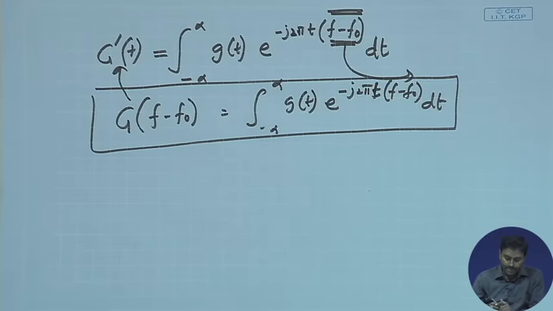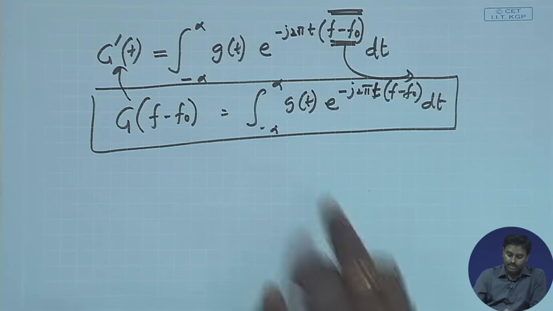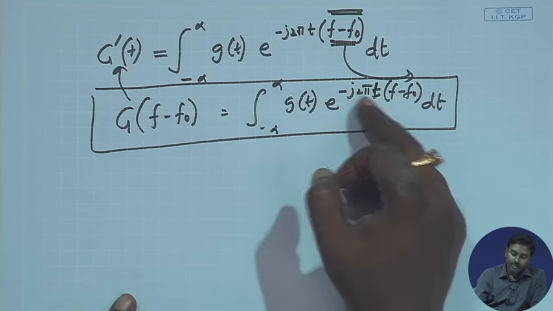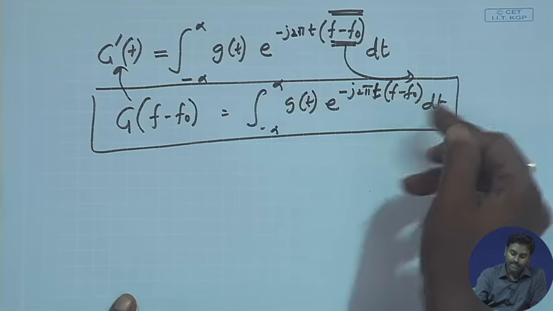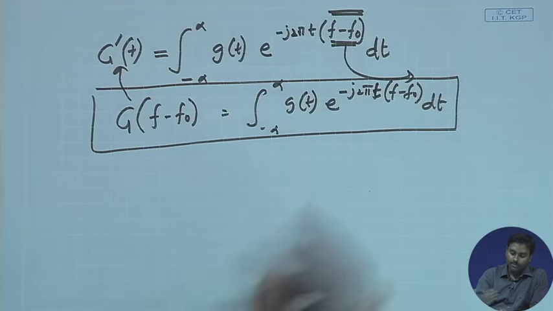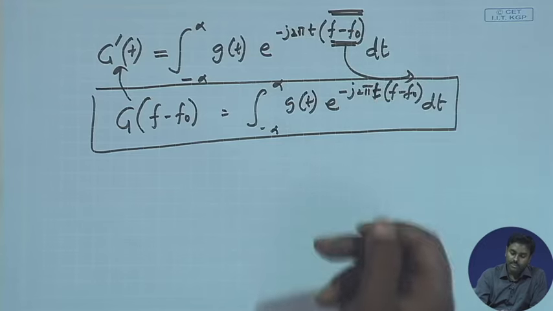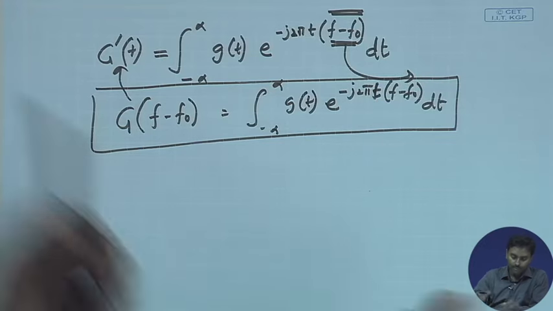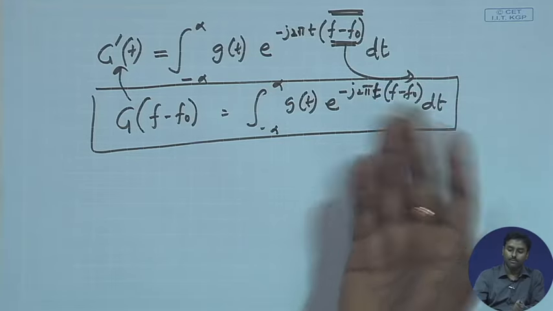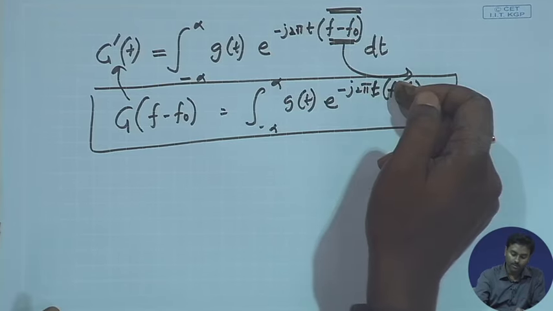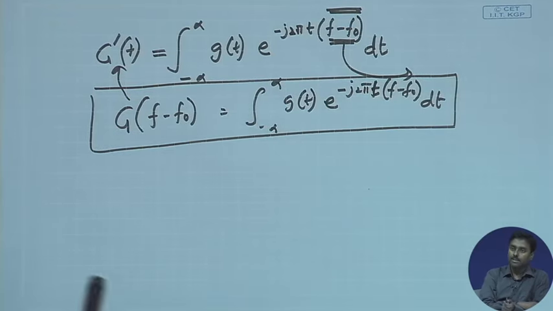So, I can see that if I know the integral of g(t) e to the power minus j 2 pi f t dt is G(f), therefore the integral of g(t) e to the power minus j 2 pi (f minus f0) t dt must be G(f minus f0). This is very obvious because it is just a function of whatever is there over here, so it is becoming just that function.